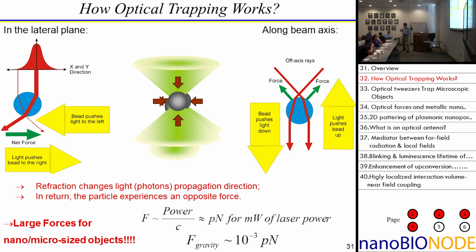So this by far wouldn't be enough to, say, grab a cup of coffee, right, or some snack, and bring it to you. But it's a strong force when you apply it to tiny nanoparticles, micrometer or nanometer sized, right? Because it's much stronger, for example, 1,000 times stronger than the gravity force acting on those very same nanoparticles and microparticles.